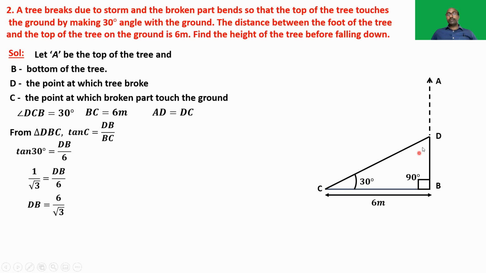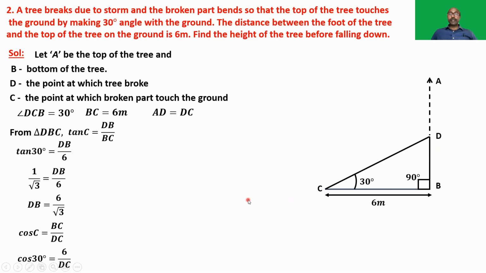Now let us find the length DC, that is the hypotenuse. We have adjacent and we need hypotenuse. So the trigonometric ratio related to both adjacent and hypotenuse is cos. So take cos C. Cos C is equal to adjacent by hypotenuse, that is BC by DC.